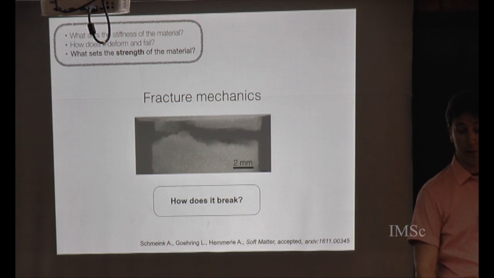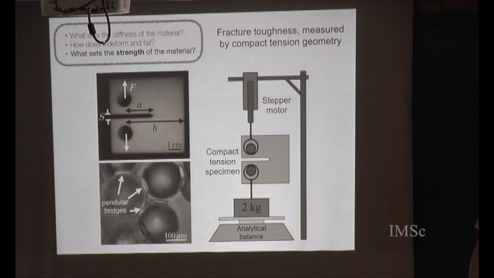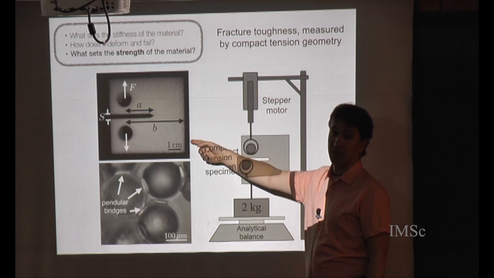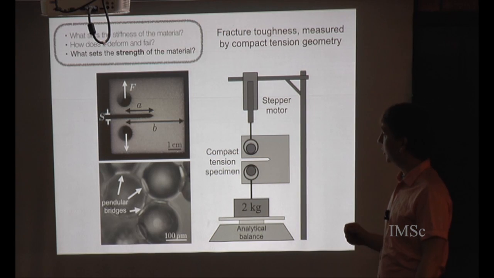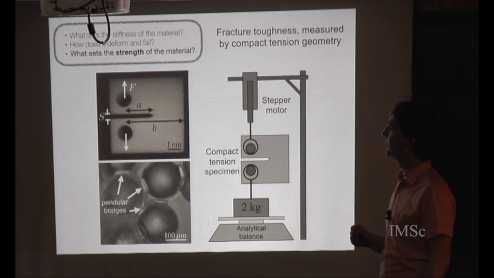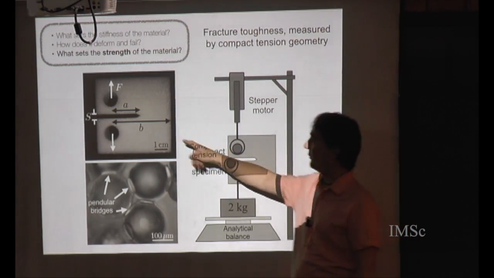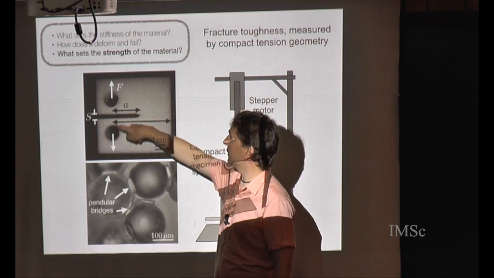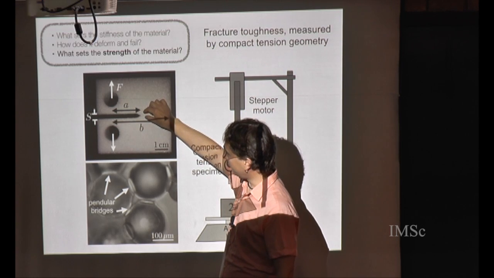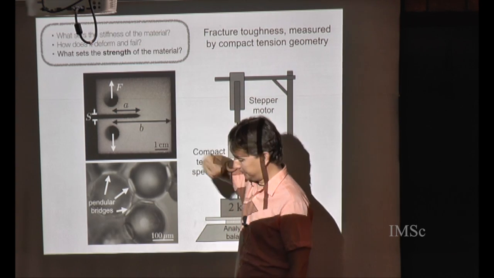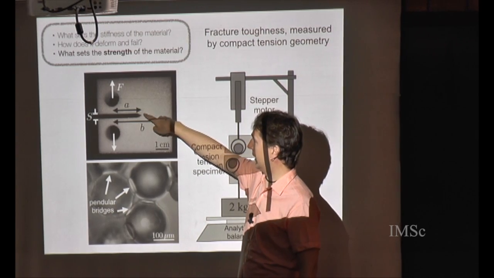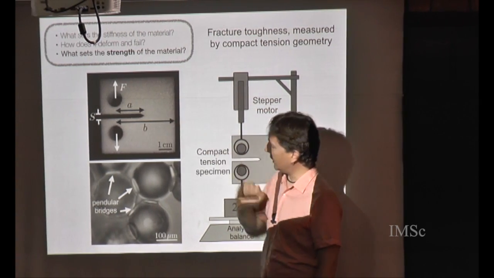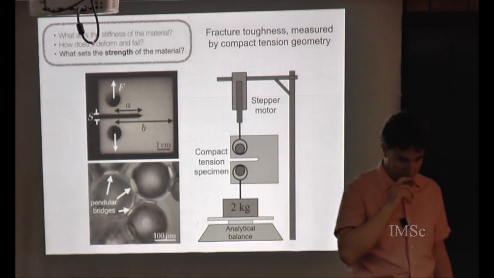So we're looking at how it breaks. Here, as I said, we can mold this material into any shape we want, and so we make compact tension test specimens. Here, basically, we have a pre-notch, a pre-crack, and we pull with forces along these holes, and that creates a tension at the tip of the notch, and when that gets large enough, it breaks.